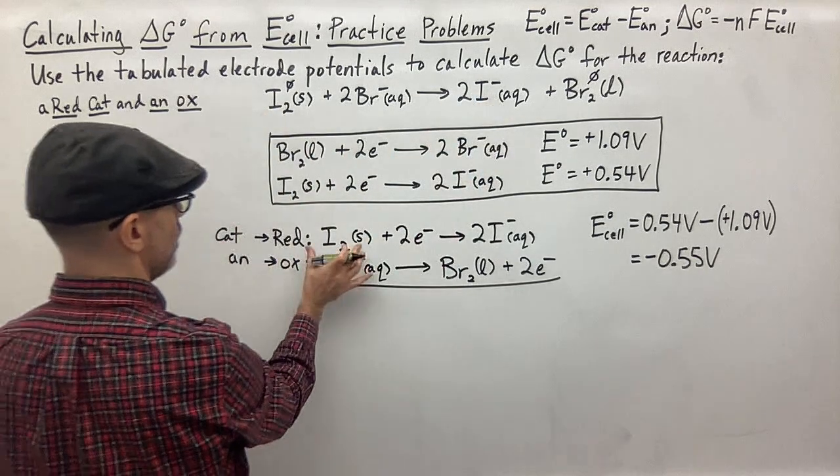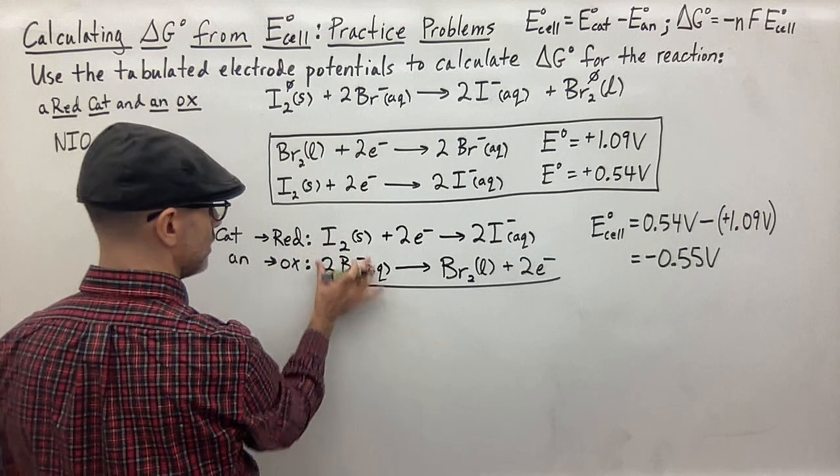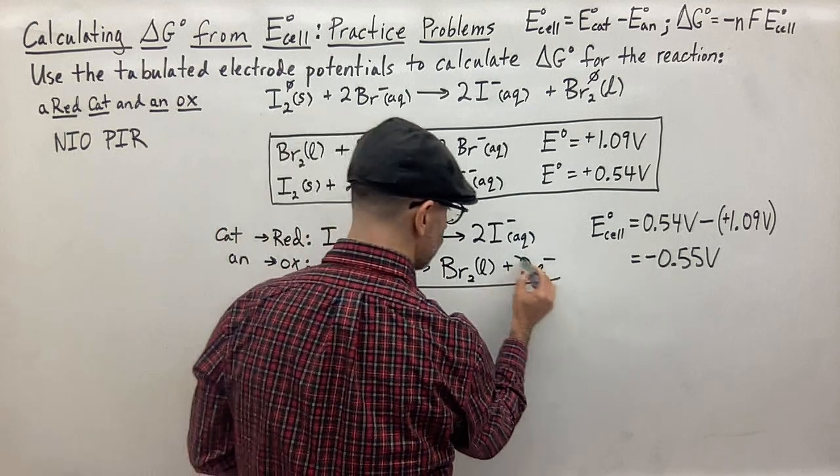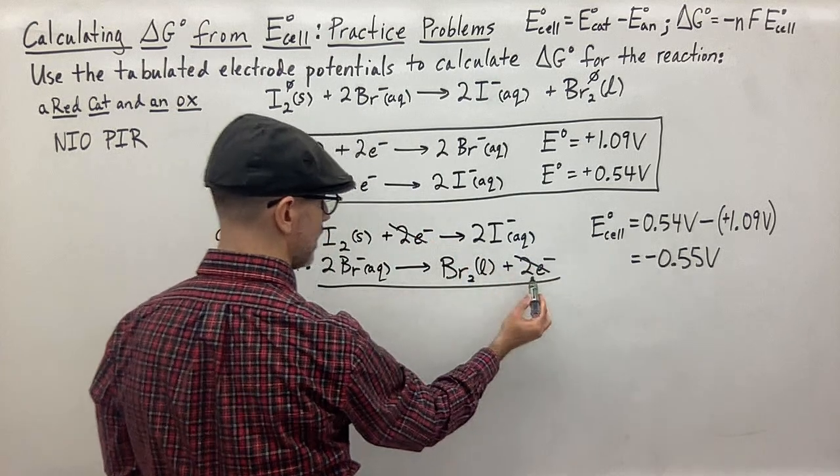So I have these two reactants, and the two electrons on both sides are going to cancel out.